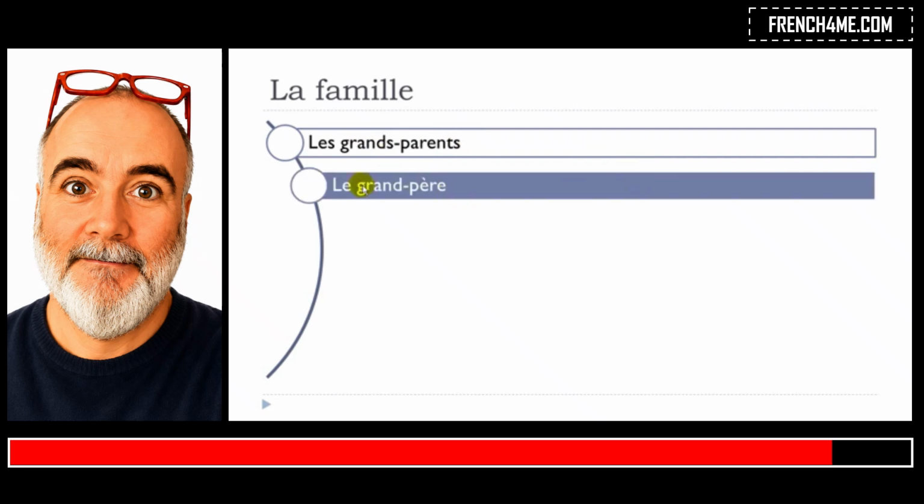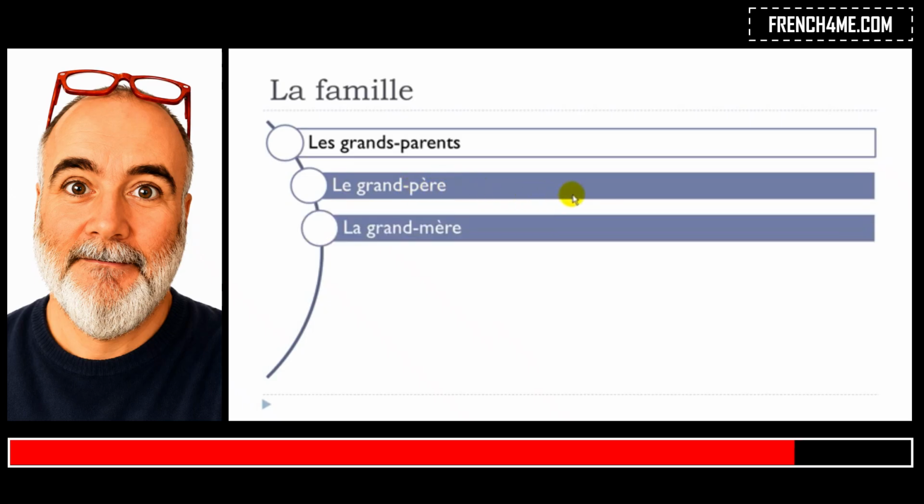So, le grand-père, grandfather, remember, accent grave like that, it's this open père. And then the feminine form, grandmother, la grand-mère. Okay, so les grands-parents, le grand-père, la grand-mère.